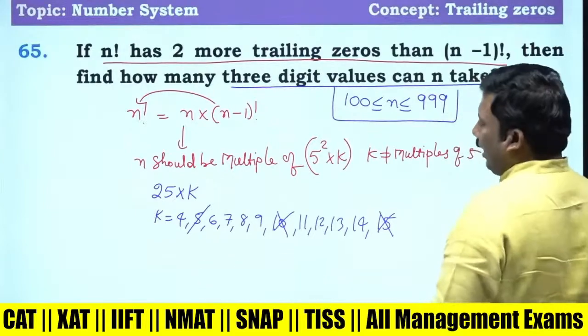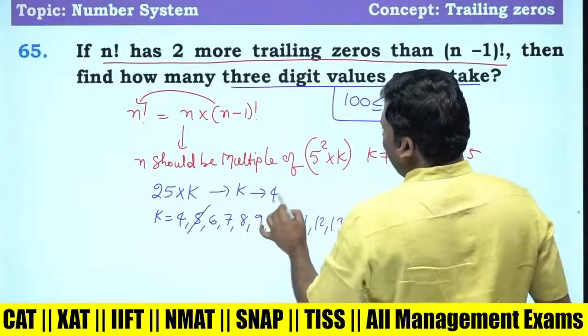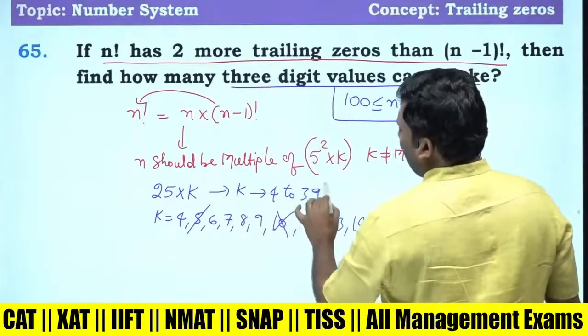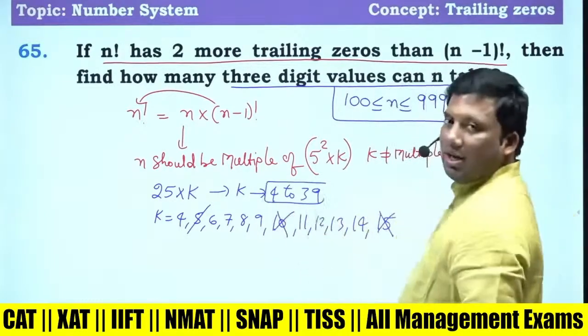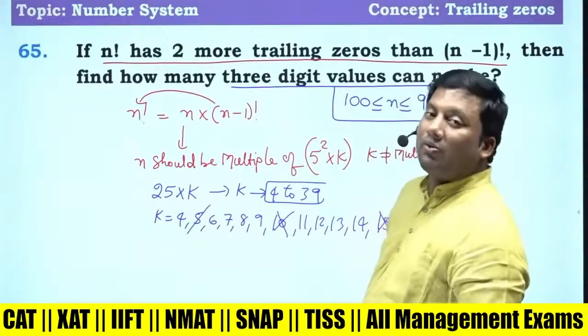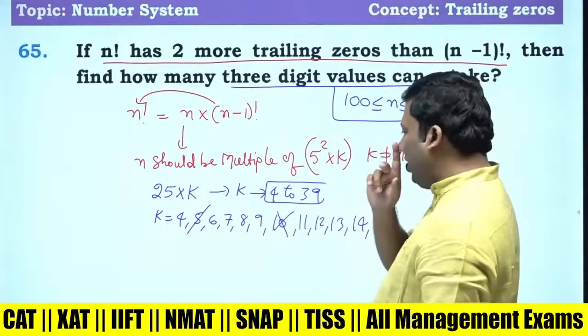So instead of writing like this, k can take, first thing, from 4 to 39. Am I right? Why? Because if k is 40, what is 25 into 40? 1000, but it should be a 3-digit number.